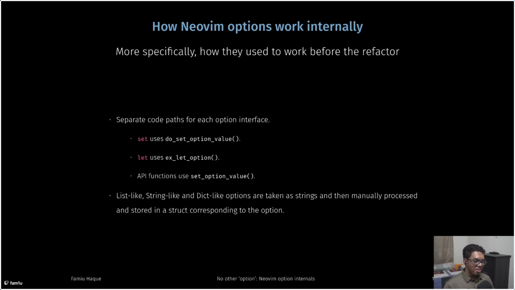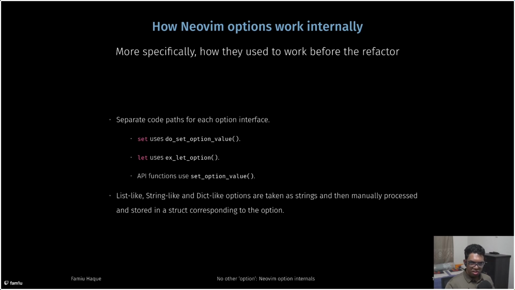Anyway, list like, string like, and dict like options. I've talked about this in a previous slide. Sorry, I said string like here for some reason. List like, function like, and dict like options are taken as strings and then manually processed and stored in a struct corresponding to the option. So, you know how I talked about how lists and dicts are represented using strings, but they aren't internally stored as strings.